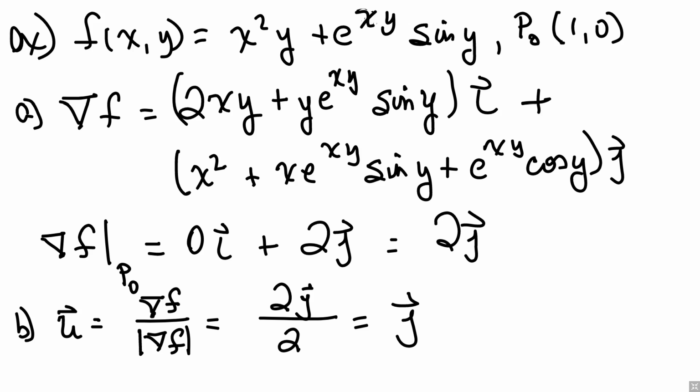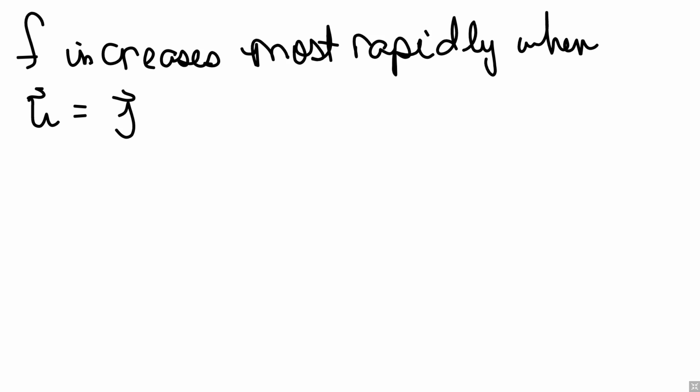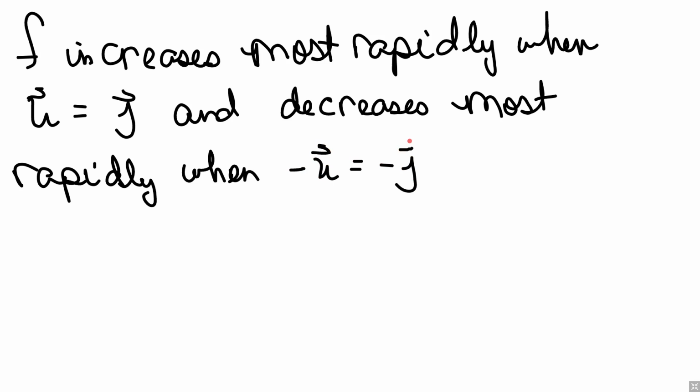We can say that f increases most rapidly when u is equal to j, and decreases most rapidly when negative u is equal to negative j.